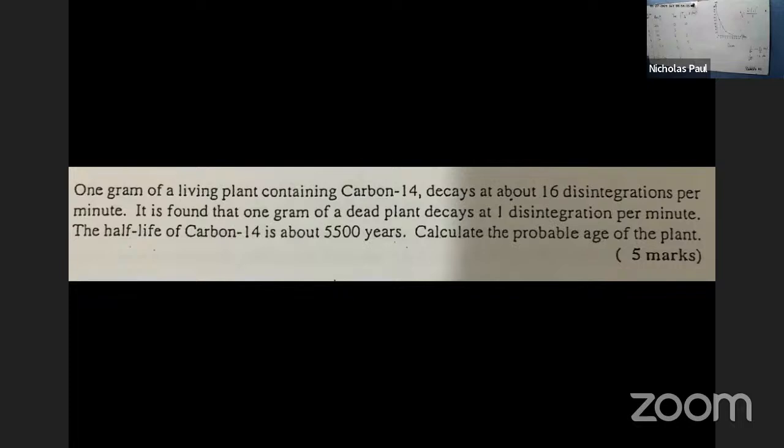Figure out one thing and then another. We've got to get the age of that plant.